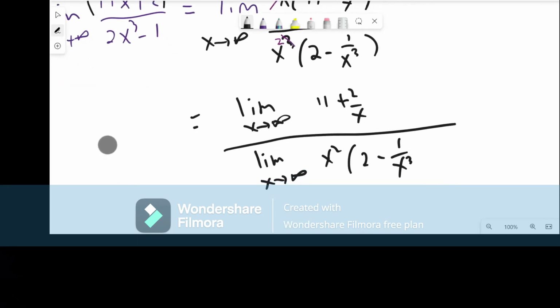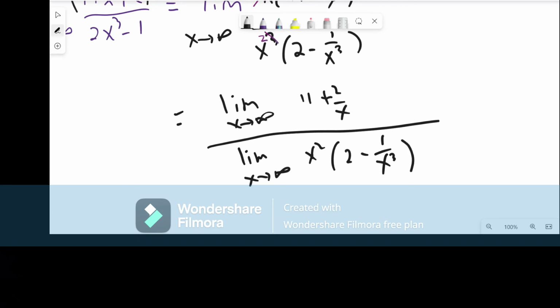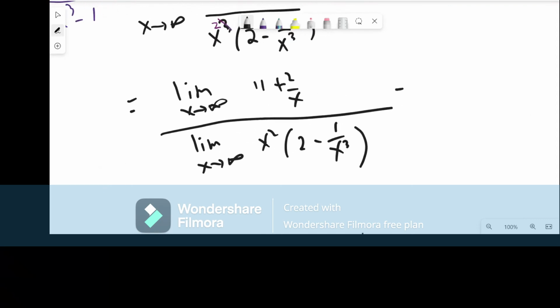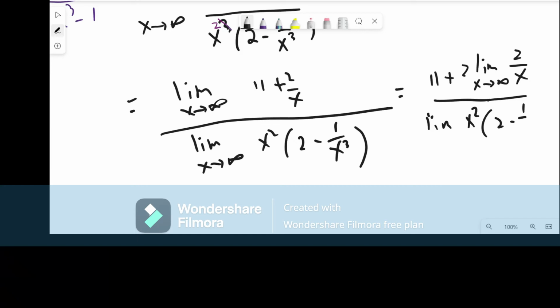This is the first thing you can do, but by looking at this you can also see quite clearly what will happen. The limit upstairs is easily calculated: it equals 11 plus 2 times the limit as x goes to infinity of 1 over x, divided by the limit of x squared times 2 minus 1 over x cubed.